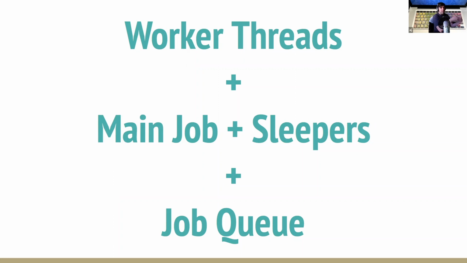And that includes the main job as well as any worker jobs. And so when a job can't do something, it just gets offloaded from its thread and put back onto one of the event loops, because these may be running multiple event loops. And then of course you have the job queue.